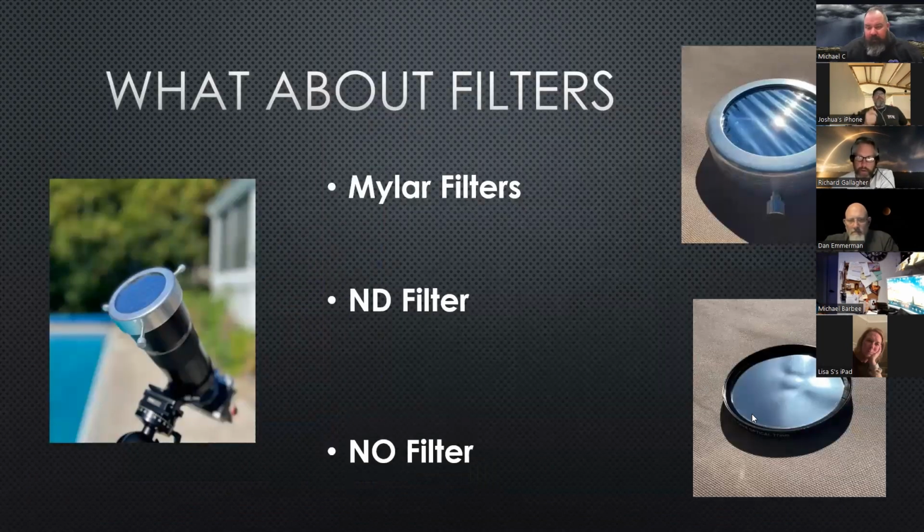If you get one of the screw-on types or the type that slides over and you tighten down, it's more like a regular filter, like a UV filter, a neutral density or circular polarizer, that you're putting on your camera lens. And even though they may have ripples or dents in them, like the one in the corner, they don't seem to affect the image quality.